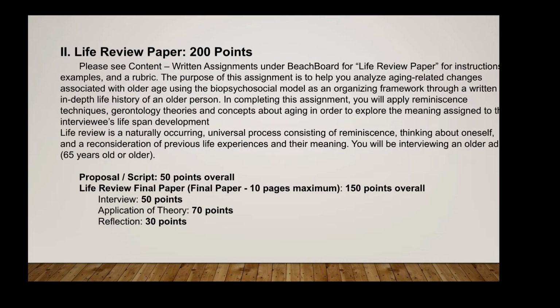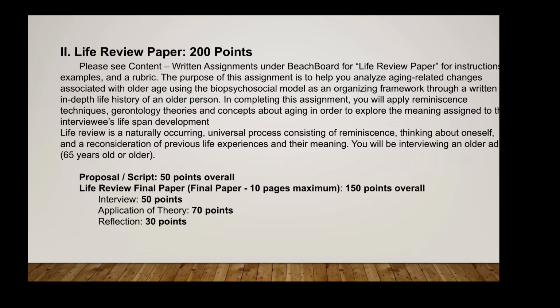Your second assignment will be due more toward the end of this semester. This is about thinking about aging-related changes associated with older age using what we call the biopsychosocial model. And you'll do this by completing a life history of an older person. So you'll find someone and you'll reminisce with them.